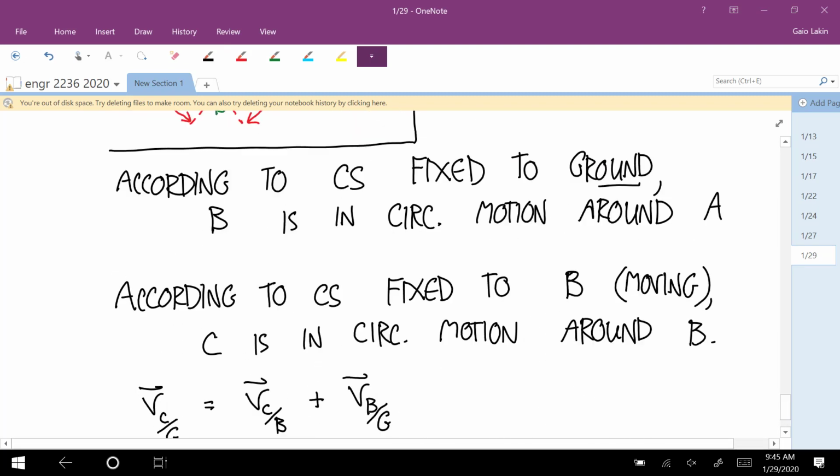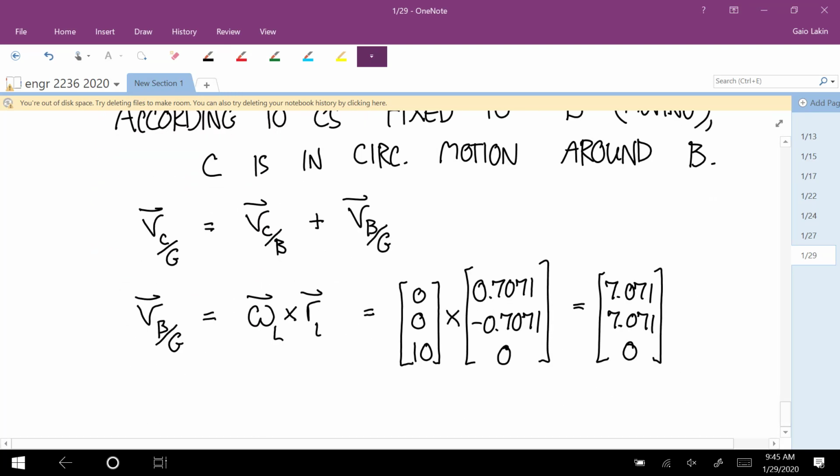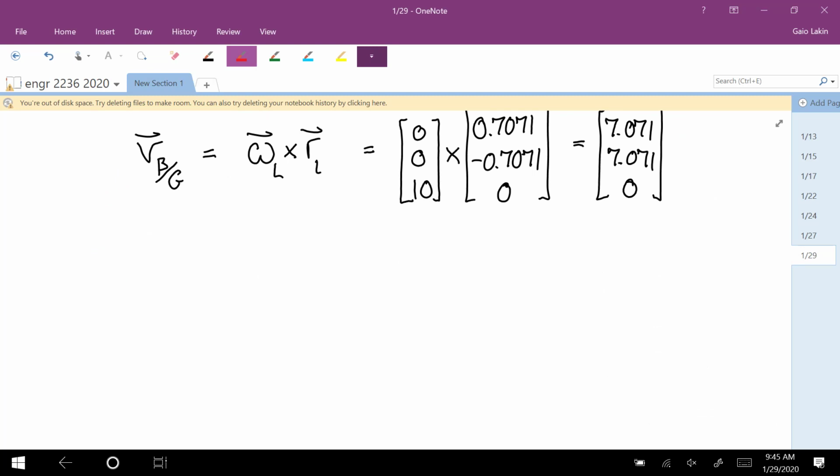So let me draw. Here's A, here's B. When this thing goes around its circular path, it's going in a circle around A. The R vector is from the center of the circle to the point we care about. So we're just looking for the vector from here to here. It has a length of 1. If you go from the positive x-axis to there, that's negative 45 degrees.